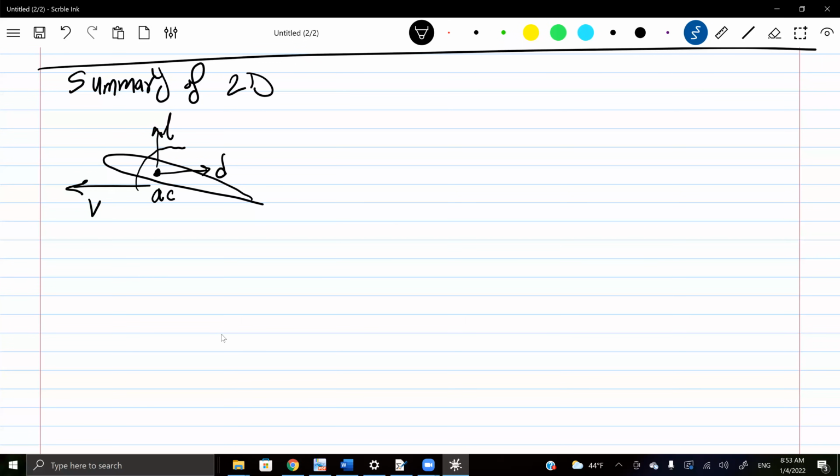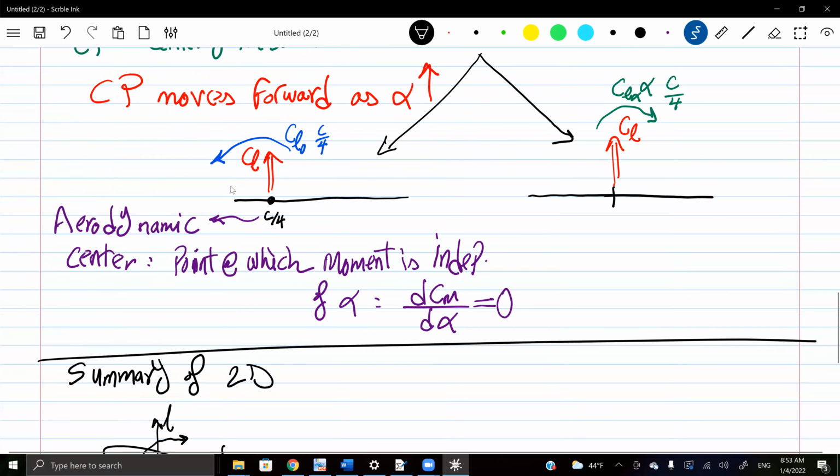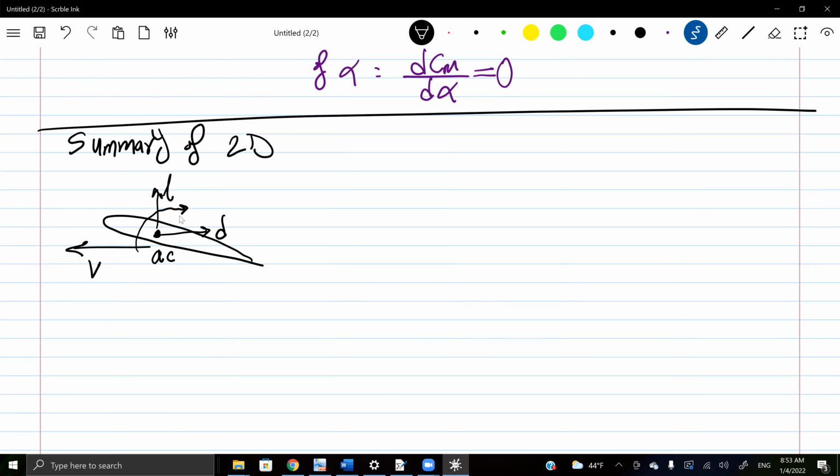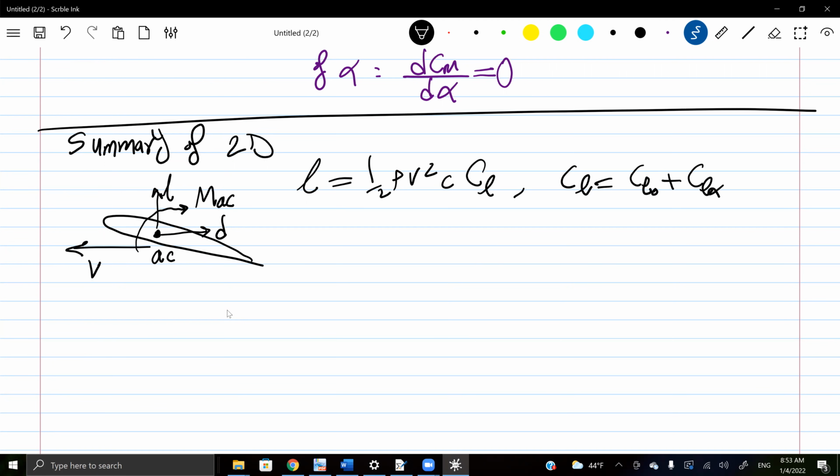The moment, we always put it as pitching up, although we know that it's really going to be pitching down, and this is why the moment you see in the tables is always negative. So this is the moment at the aerodynamic center, because I have to specify the moment about what point. And this lift is simply 1/2 rho V squared times chord times CL, and my CL is simply a constant plus a constant times alpha.